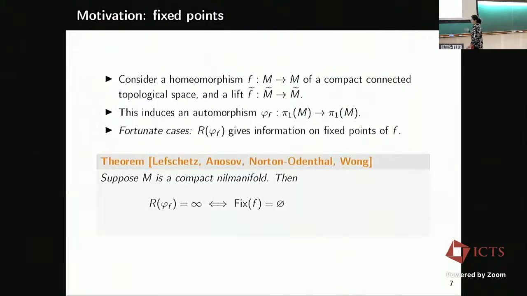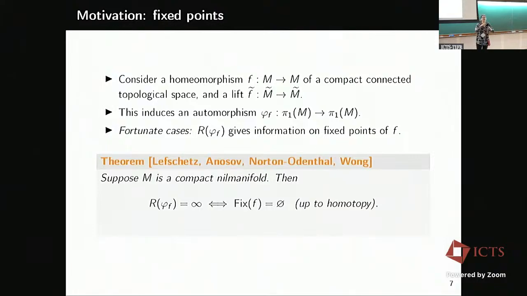So I'll give you one example. This is not really one result by one person, but a concatenation of them. If you take a certain topological space, M, a compact nilmanifold, maybe what you need to know from here is that its fundamental group is a nilpotent group, then having infinitely many Hadamard classes is equivalent to f being fixed point free, at least up to homotopy.